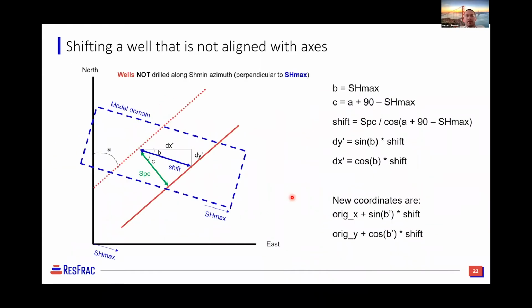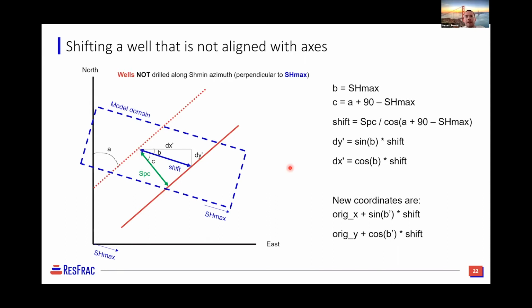So it's just a little extra trigonometry. We can still shift along and keep B as SH max, as we're going to shift in that direction. But what we want to change is the distance that we're shifting, where this shift distance now becomes a function of your well spacing.